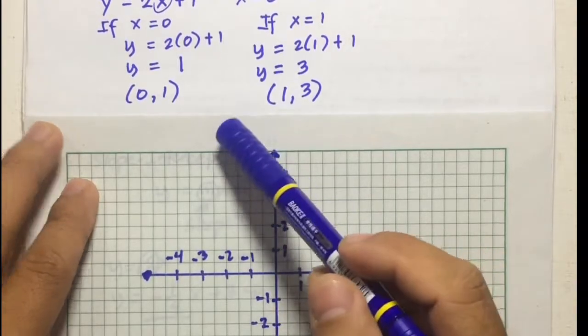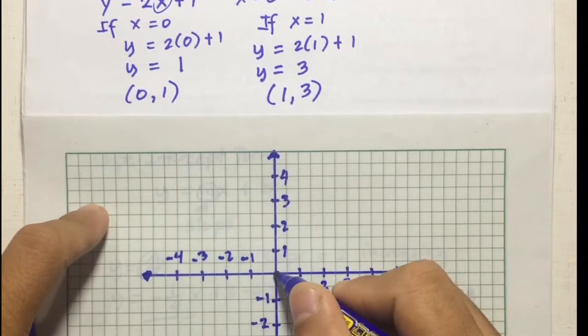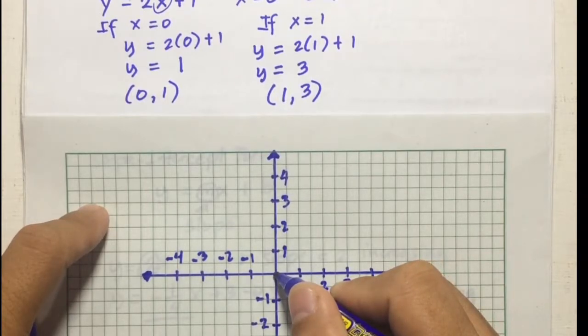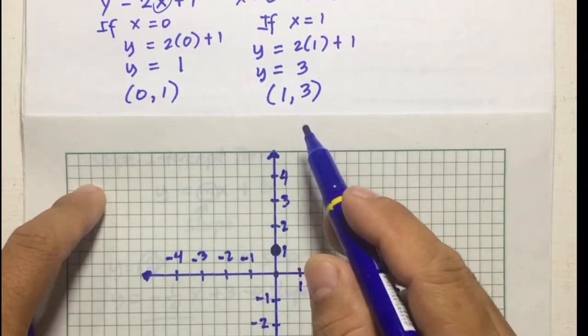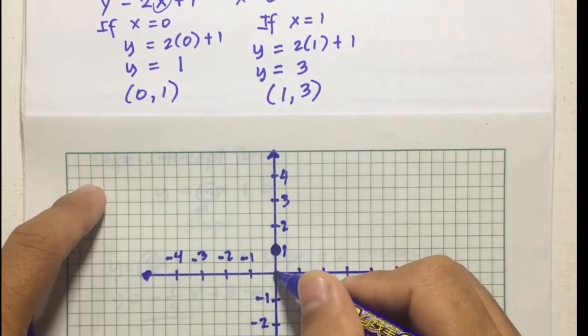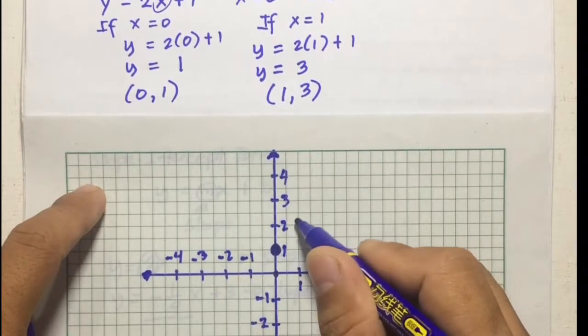graphing paper. So this is 0, 1, so plotting that one. X is 0, then y is 1, so we're going to go up 1 unit. So this will be the point here. And the second point is 1, 3. So from the origin, we're going to have x is 1, then y is 3. So 1, 2, 3.